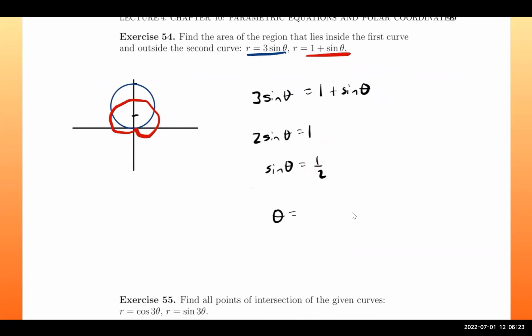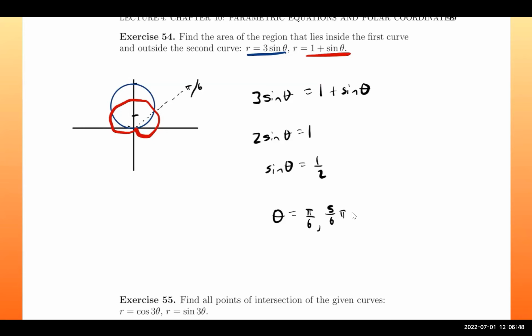And we know from our unit circle that sine has a 1/2 value at angles. What is it? Pi over 6 and 5/6 pi. Yes, pi over 6 and 5/6 pi. That's where these 2 points of intersection will occur, as you can see.